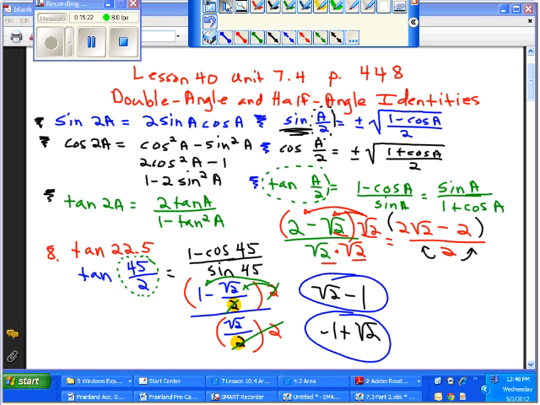So you see that what we begin with is to think about how to half or double. We simply stick it into the appropriate formula, and then it becomes an algebra problem, messing with complex fractions and messing with radicals, okay?